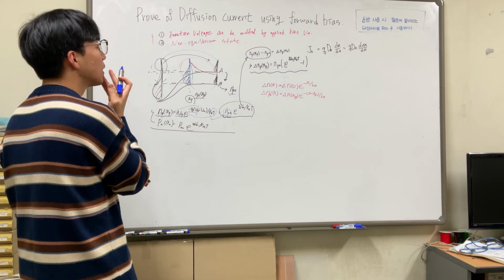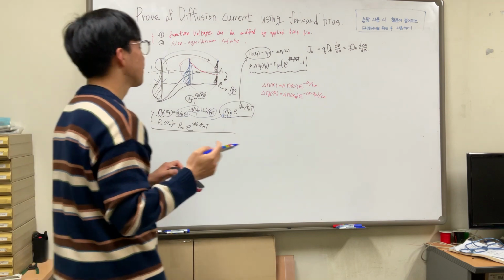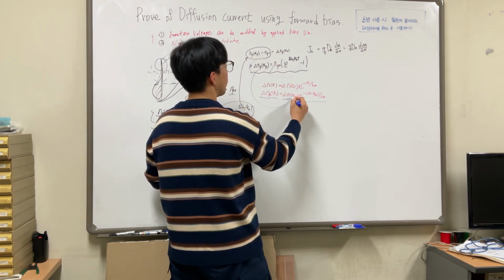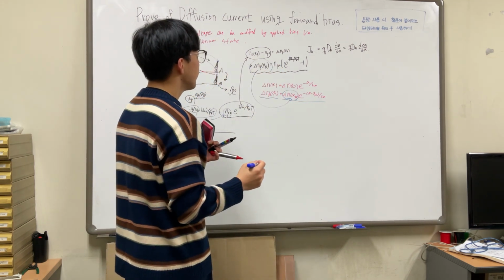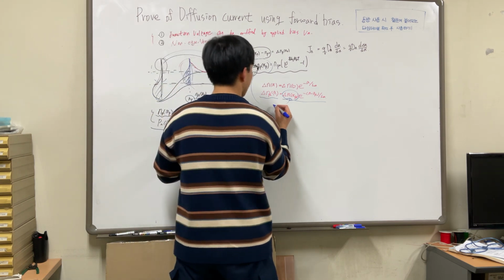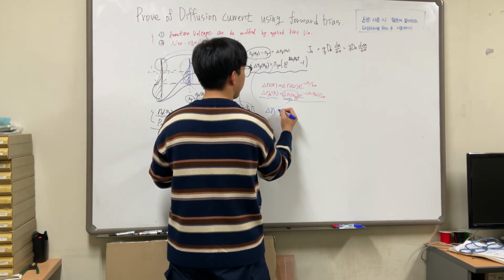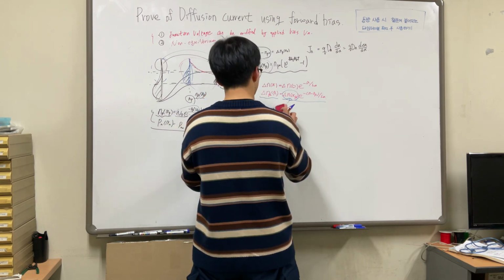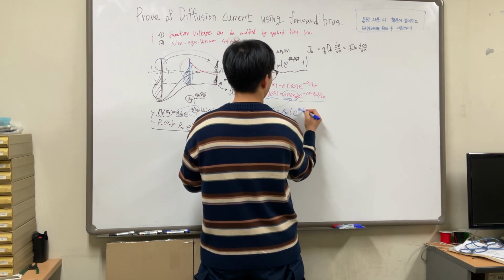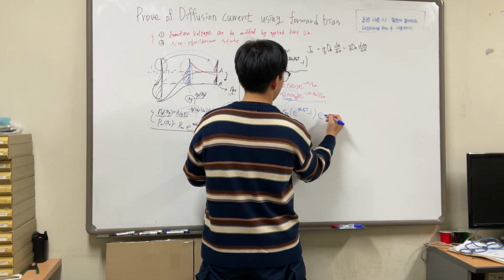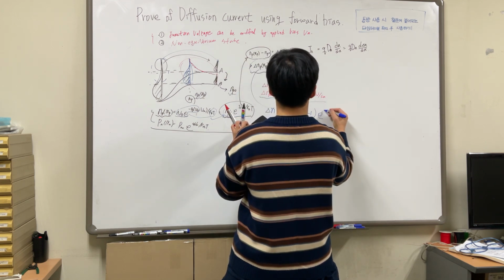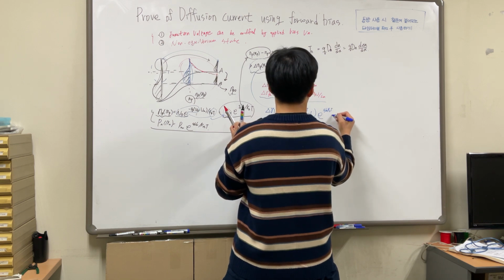So we will go up to this equation. The equation will change into N exponential qVA over kBT minus 1.